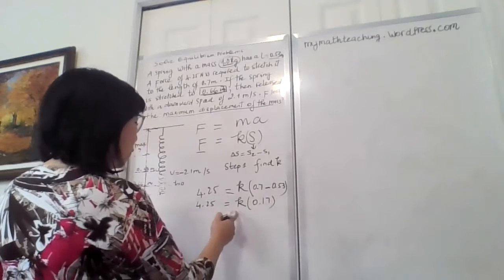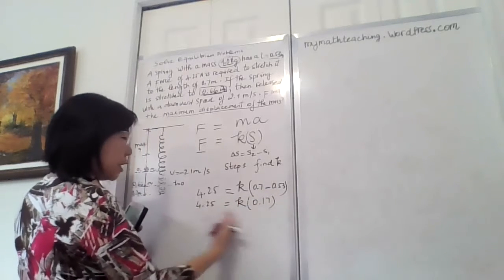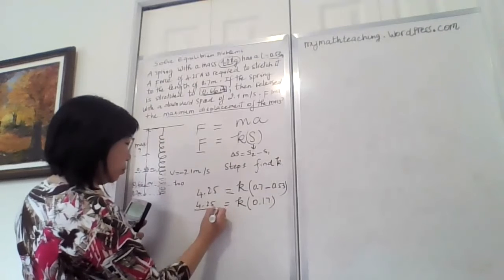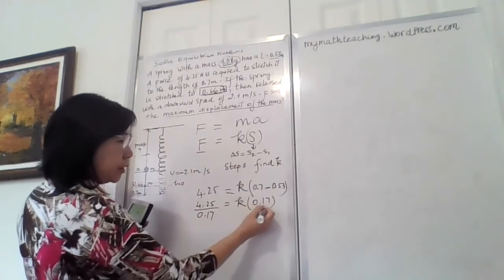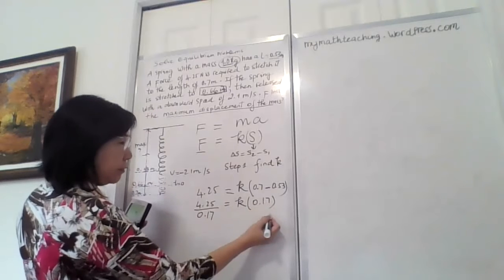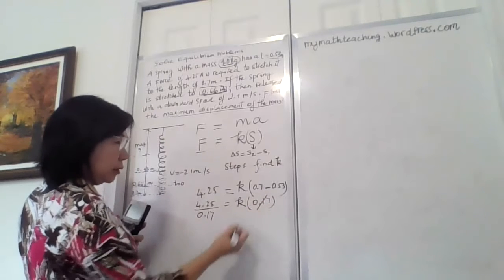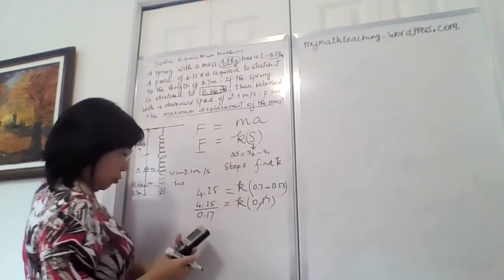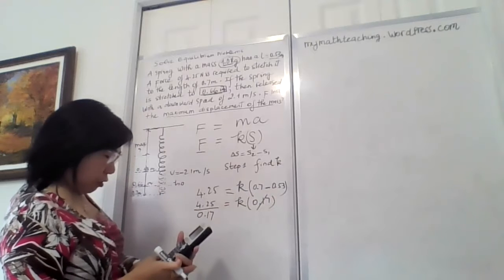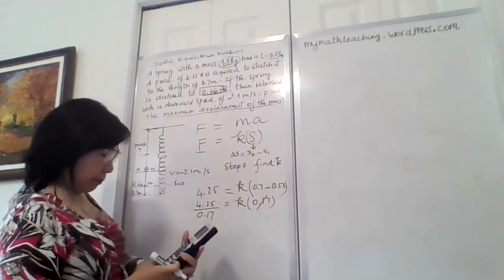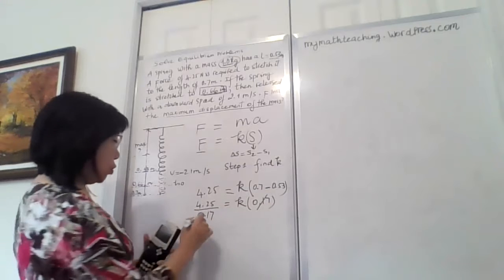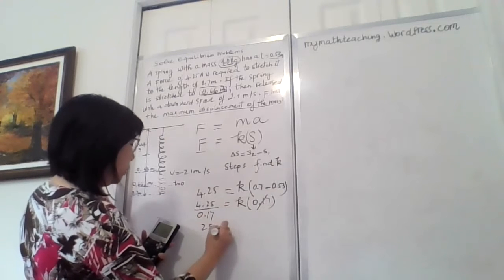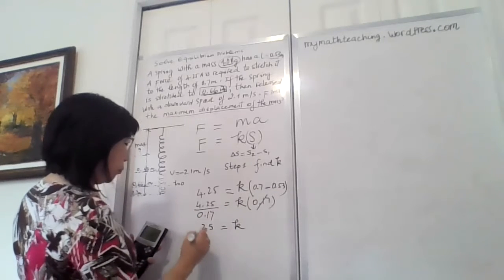So now to solve for k, we divide both sides by 0.17. Now 0.17 divided by 0.17 is gone, equal to 1, so this number equals k. Let's check. 4.25 divided by 0.17 equals 25. So 25 equals k.